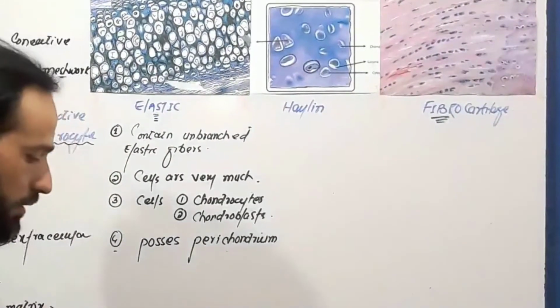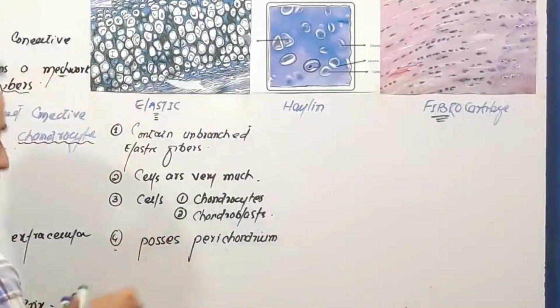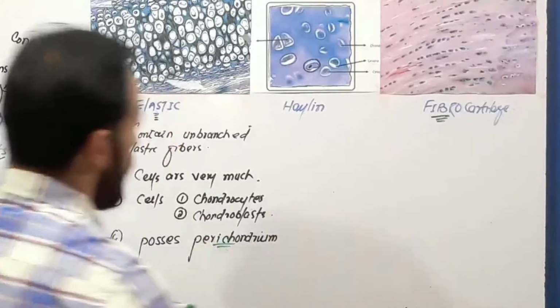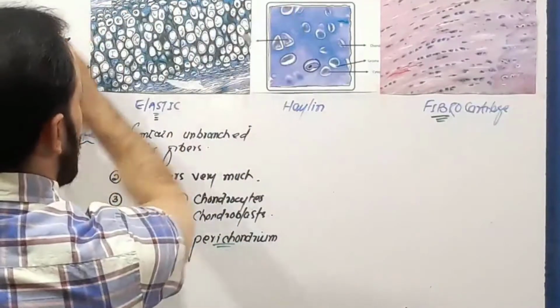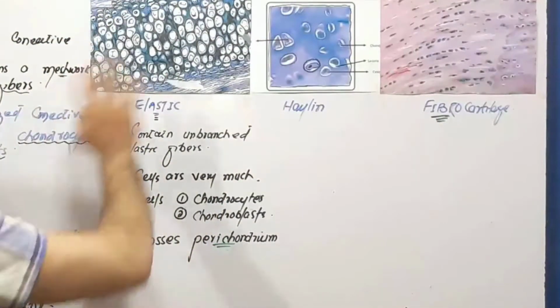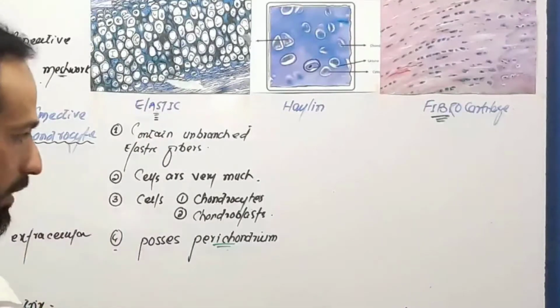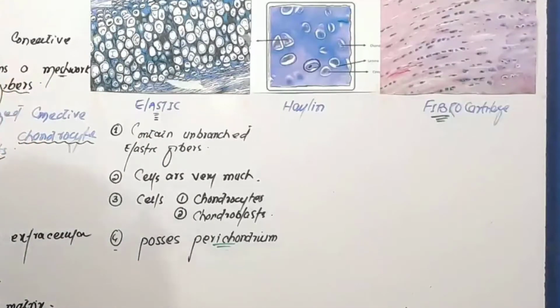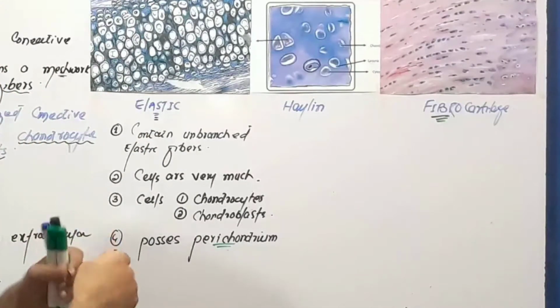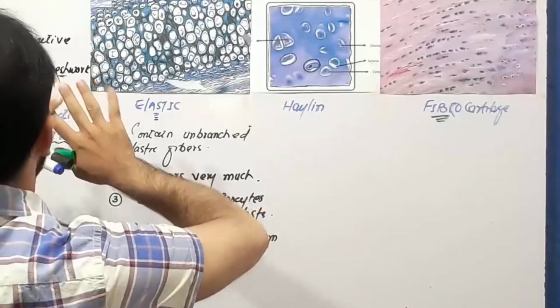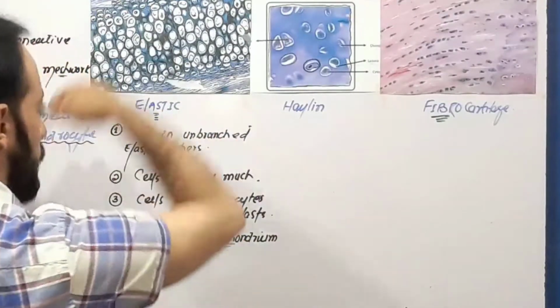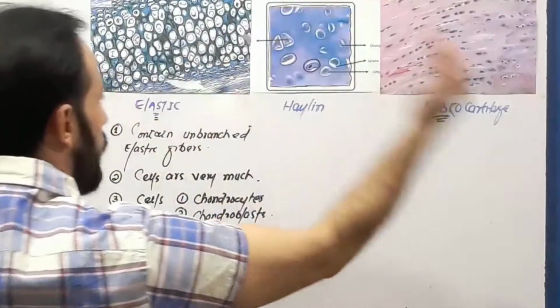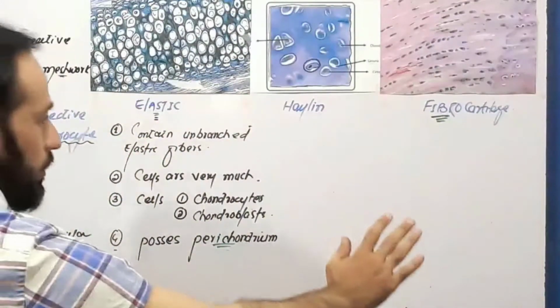Perichondrium is a type of connective tissue membrane which is surrounding this type of cartilage. For example, if you take a cloth and you cover this whiteboard with that cloth, right?